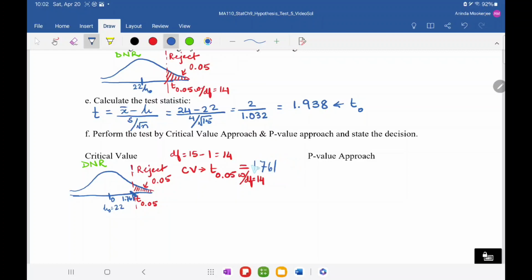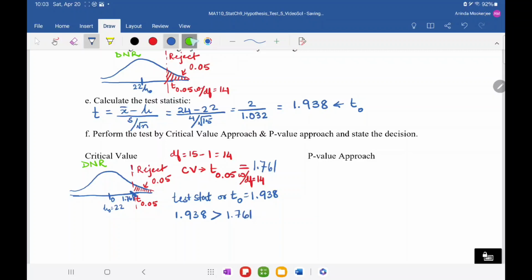So now we check, we bring our t sub 0 value, which was 1.938. So our test statistic t sub 0 is 1.938, and 1.938 is greater than 1.761.